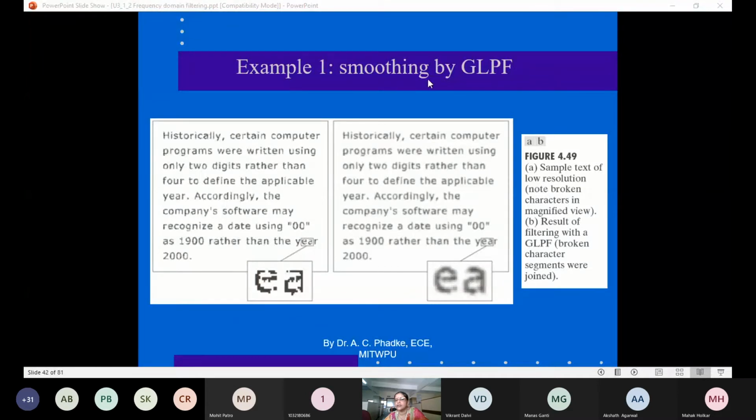Okay, so this is use of Gaussian low pass filter. It is useful to remove discontinuities. Because of Gaussian filtering, you can get continuous characters as shown here.